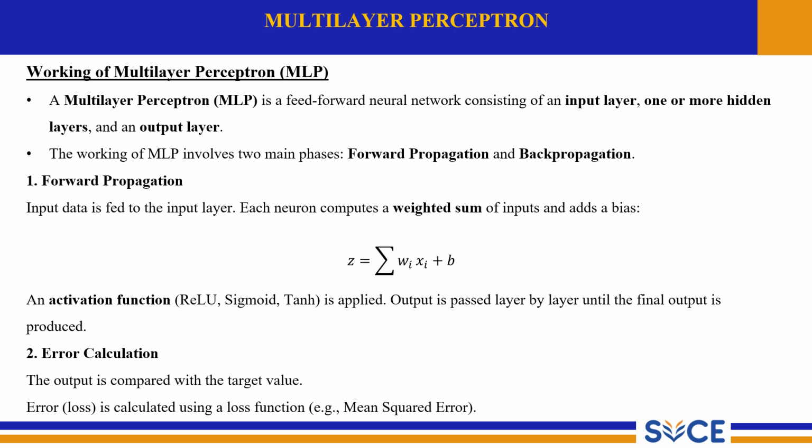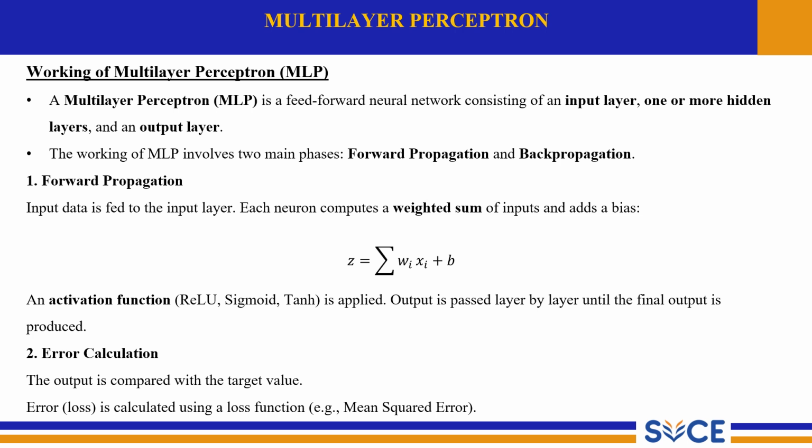First, forward propagation. The input data is fed into the input layer. Each neuron in the network computes a weighted sum of the input and adds a bias, which can be expressed mathematically as Z equal to summation of Wi xi plus b. Here Wi is weight and xi is the input.